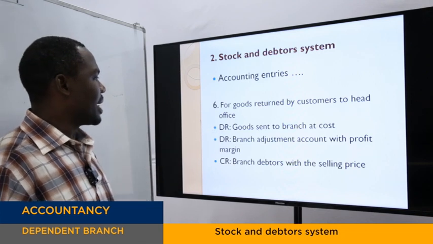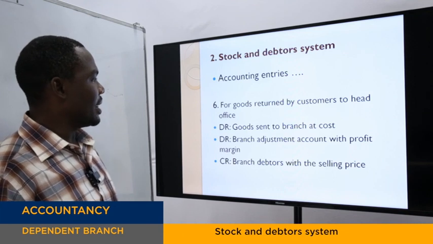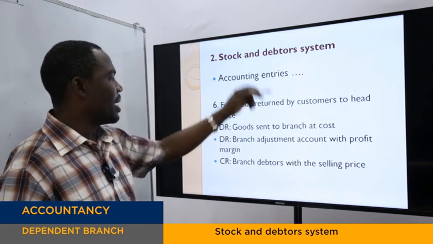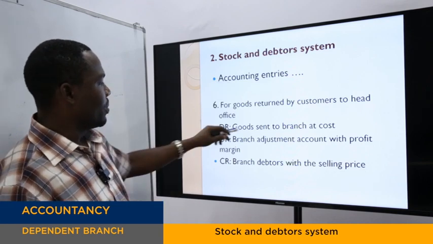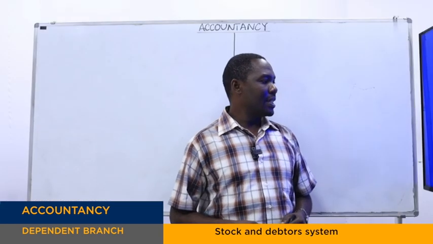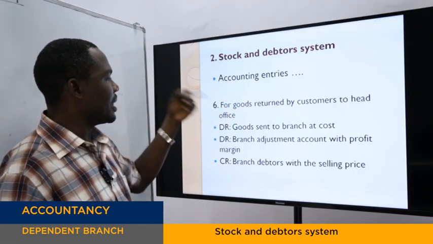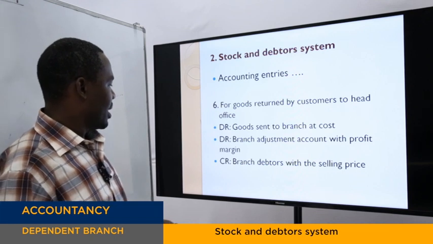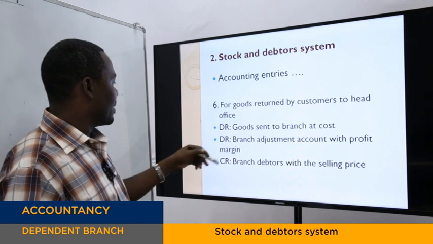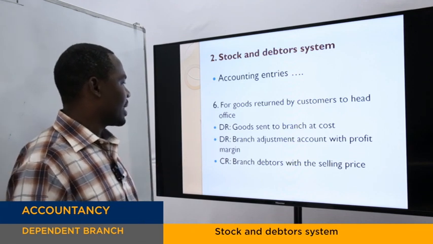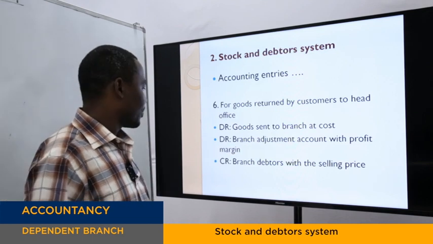For goods returned by customer to the head office, it may happen that the customer returned these goods not to the branch but direct to the head office. So remember, the goods sent is recorded at cost, and whenever the customer returns direct to the head office, we are going to adjust this by debiting goods sent account at cost.